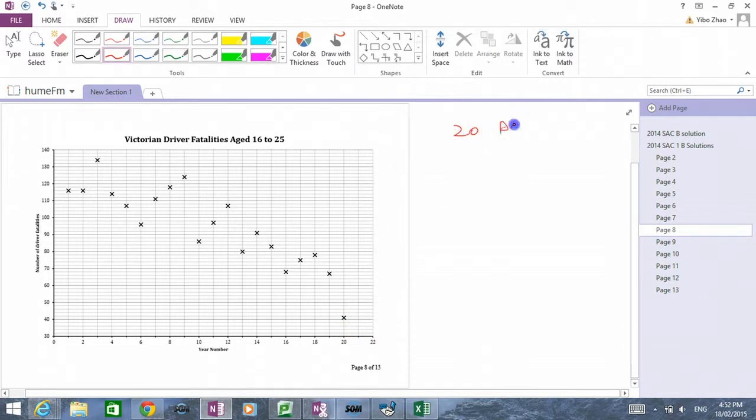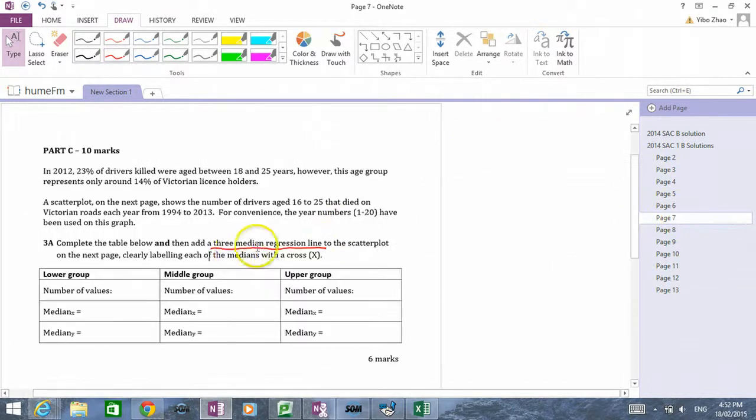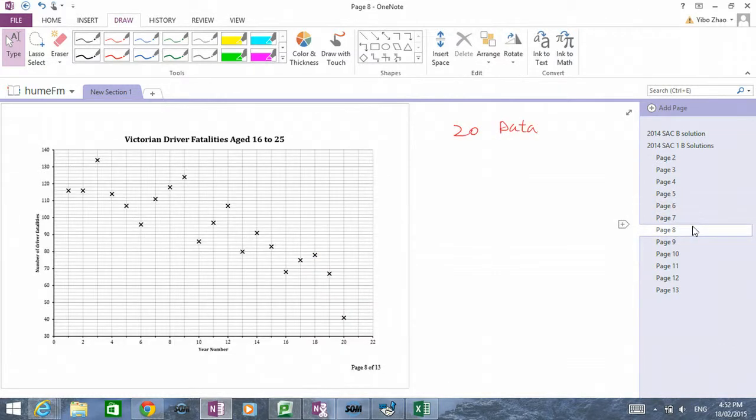Okay, 20 data. And remember what we're going to do. We're going to do the three medium regression line. So step 1, I need to separate the 20 data in three equal sections.